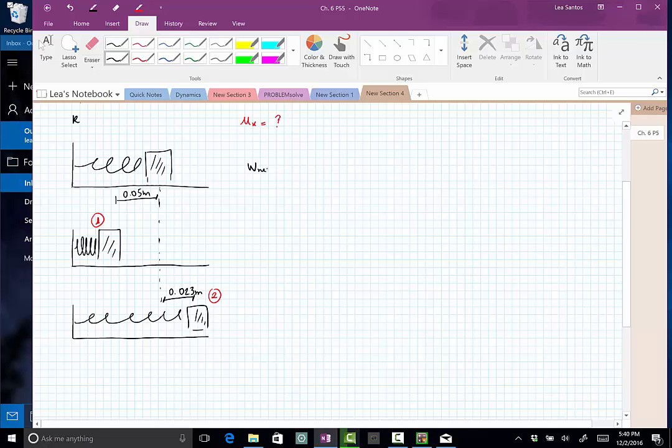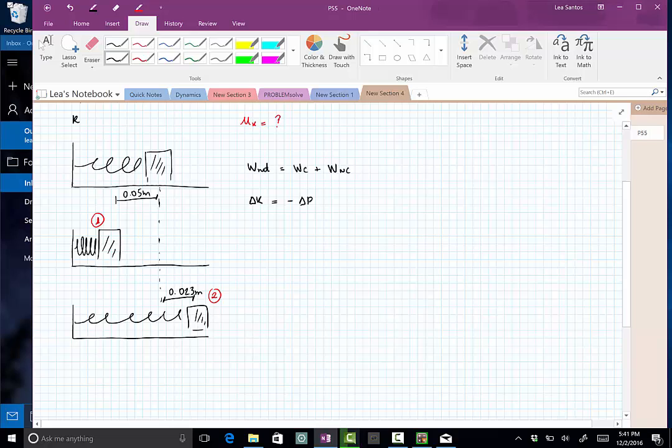the net work is the sum of the work done by conservative forces and the work done by non-conservative forces. We learned from the work-energy principle that the net work is given by the change in kinetic energy, and the work done by the conservative forces is minus the change in potential energy.